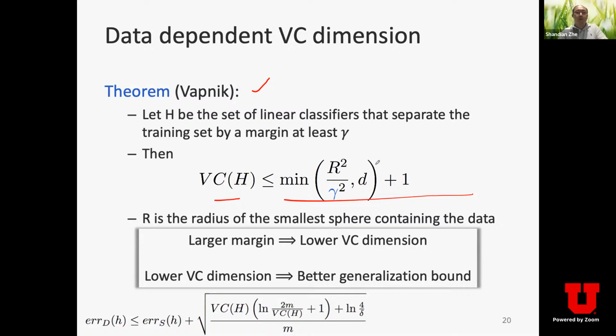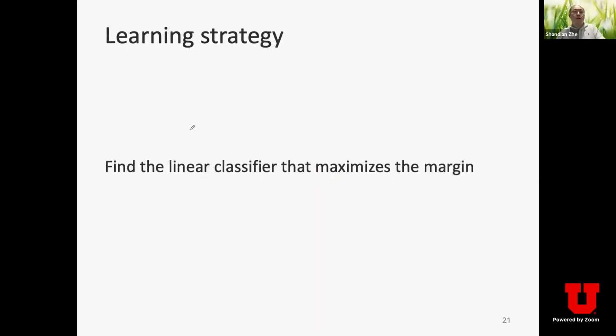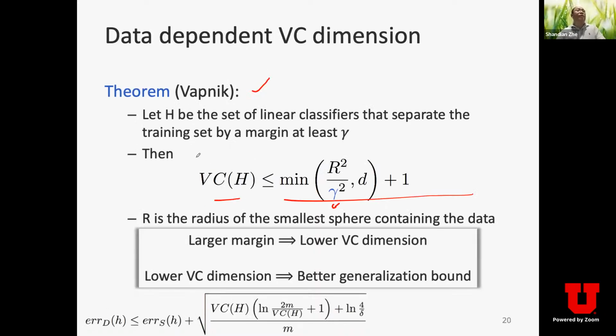R and D are just constants we don't care about, but here is gamma. That means the larger the gamma you have, the smaller the VC dimension for this subset of linear classifiers. That directly builds the connection between the margin and the VC dimension.